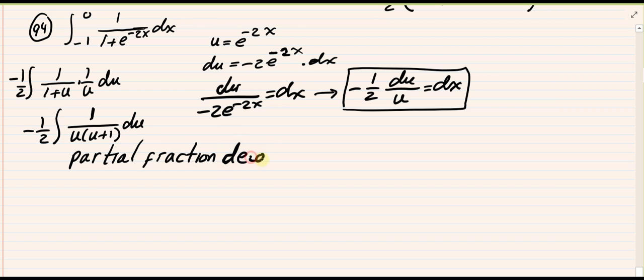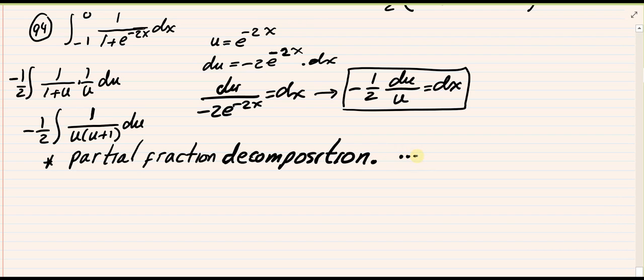You are familiar with partial fraction decomposition from a pre-calculus course, so this name sounds familiar, but we're not going to finish it because that's something they do in second semester calculus. They go through partial fraction decomposition and review it, and that's why it's not in this course. And then you would continue working it this way.